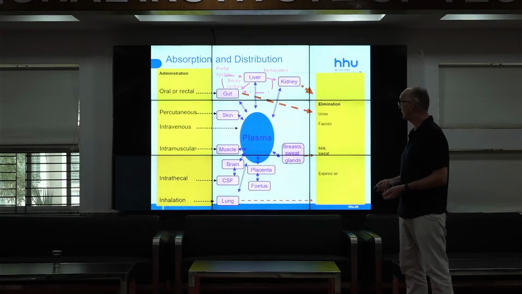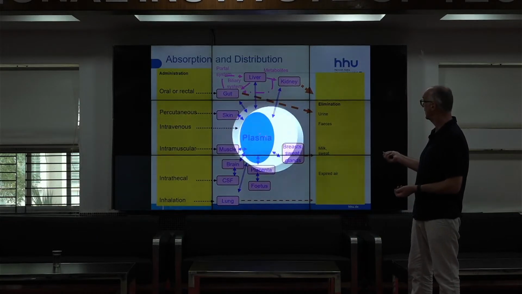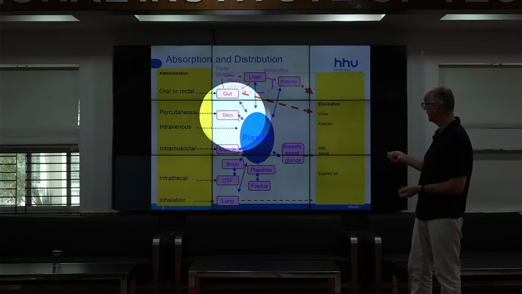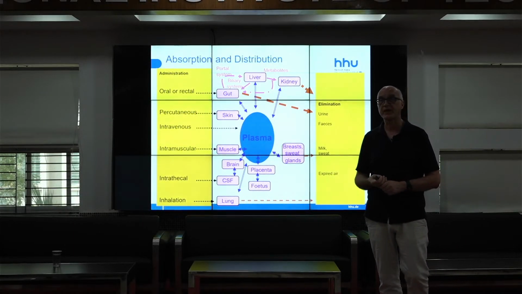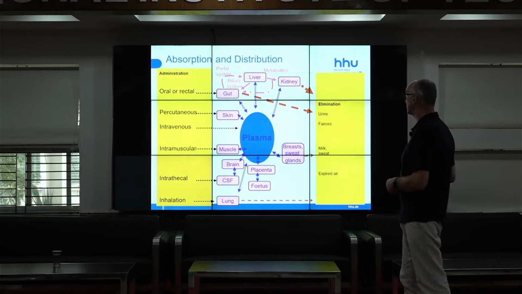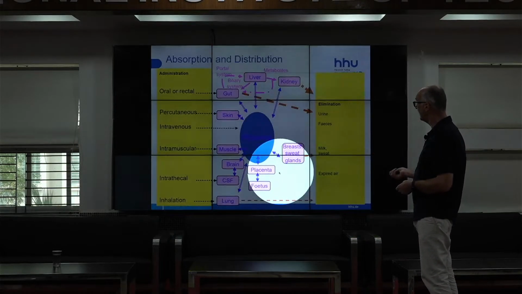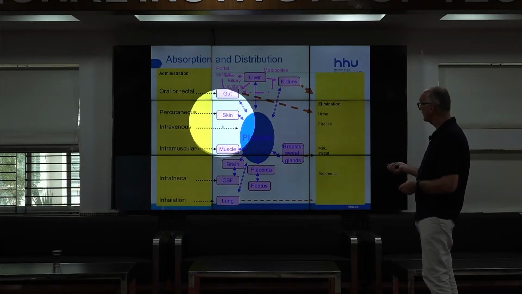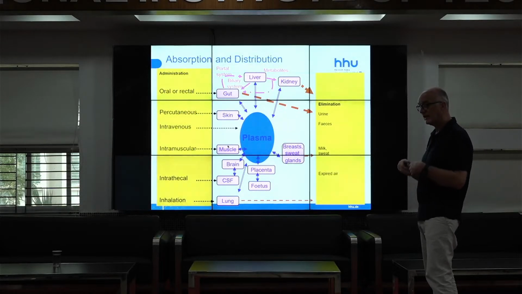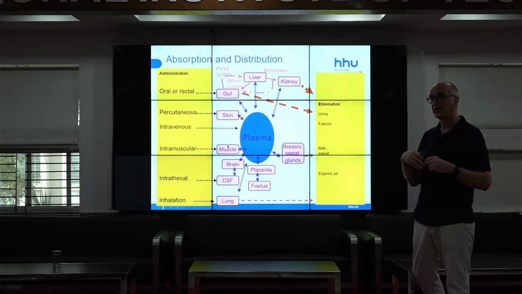And then when we go from absorption to going into the plasma, that can be distributed into the different areas for the different points. Here we must see that this administration pathway strongly influences the increase of the concentration. Yeah?